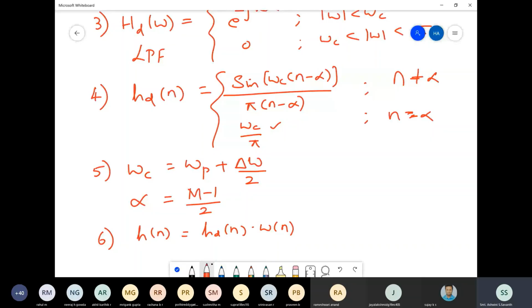Substitute the values of n from 0 to M minus 1 and find h of n values, which are the filter coefficients that we had to design. So that is the entire design procedure that we discussed till now, listed in the form of steps. We just have to use this to solve the problems.